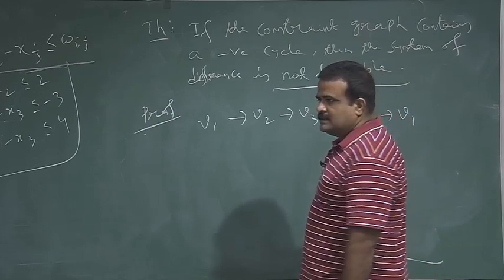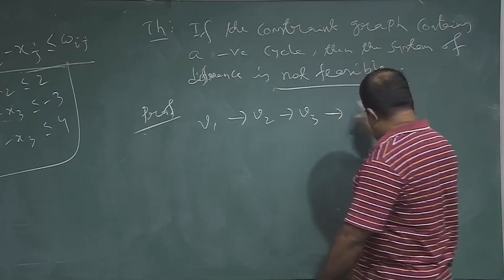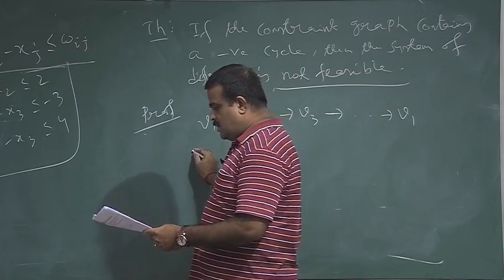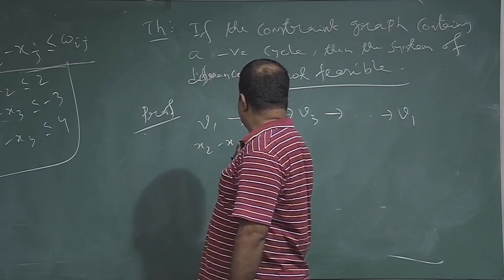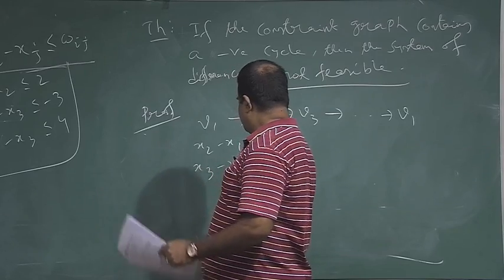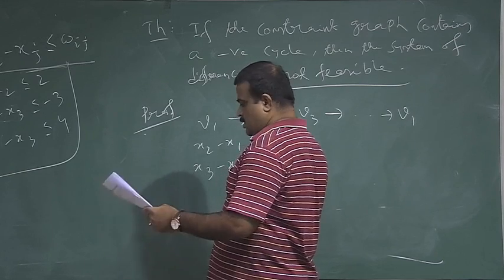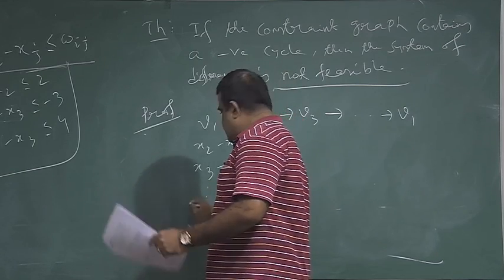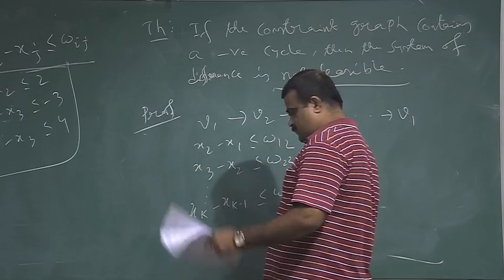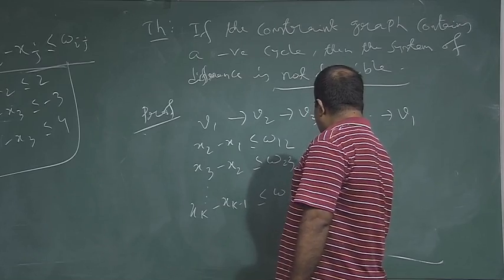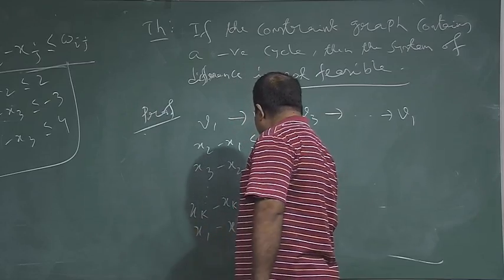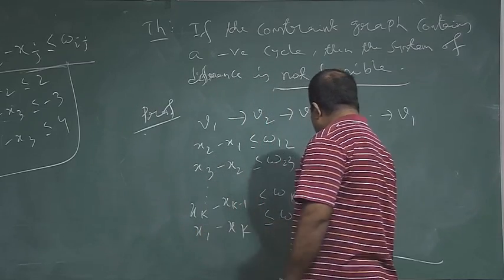The weight of this path is negative. This corresponds to the equations: x 2 minus x 1 is less than or equal to w 1 2, x 3 minus x 2 is less than or equal to w 2 3, and so on, x k minus x k minus 1 is less than or equal to w of k minus 1 comma k, and finally x 1 minus x k is less than or equal to w k comma 1.